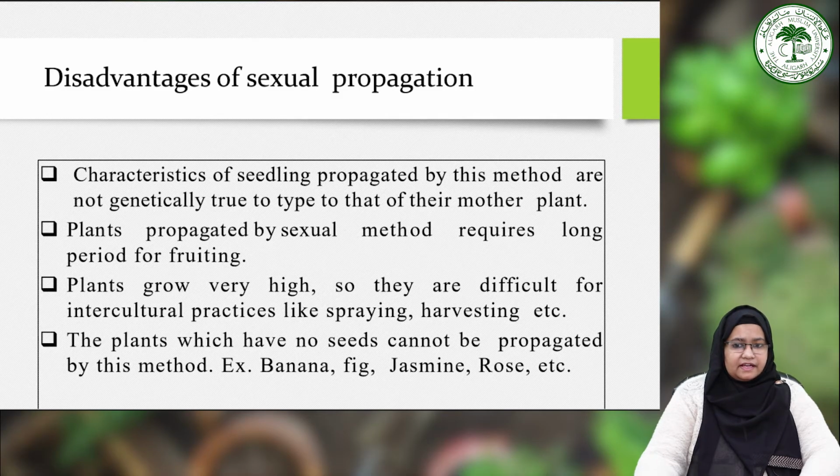Plants grow very high, so they are difficult for intercultural practices like spraying, harvesting, etc. Plants which have no seeds cannot be propagated by these methods, like banana, fig, jasmine, rose, etc., because they do not have seeds.